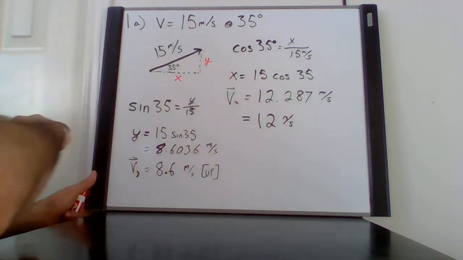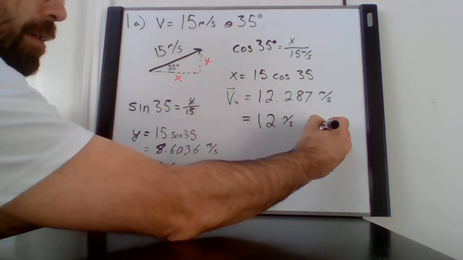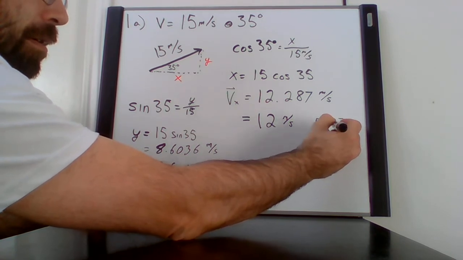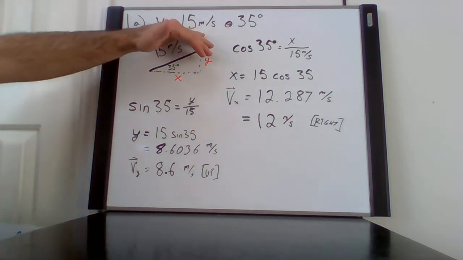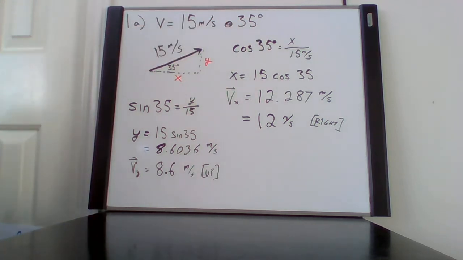This one here, based on the way I've drawn this, I can call that to the right. But that's essentially what we're going to be doing for a lot of these problems. We're going to take some initial velocity at an angle and decompose that vector into its x and y components.